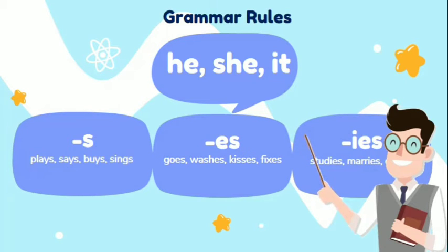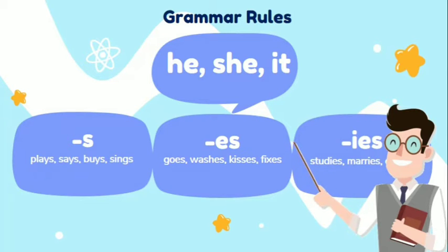If the subject is I, you, we, they, we don't have to add s, es, or ies at the end of the verb. I will give an example for the subject I, you, we, they. I go. It does not have to add s, es, or ies at the end of the verb. So the verb is still verb 1.